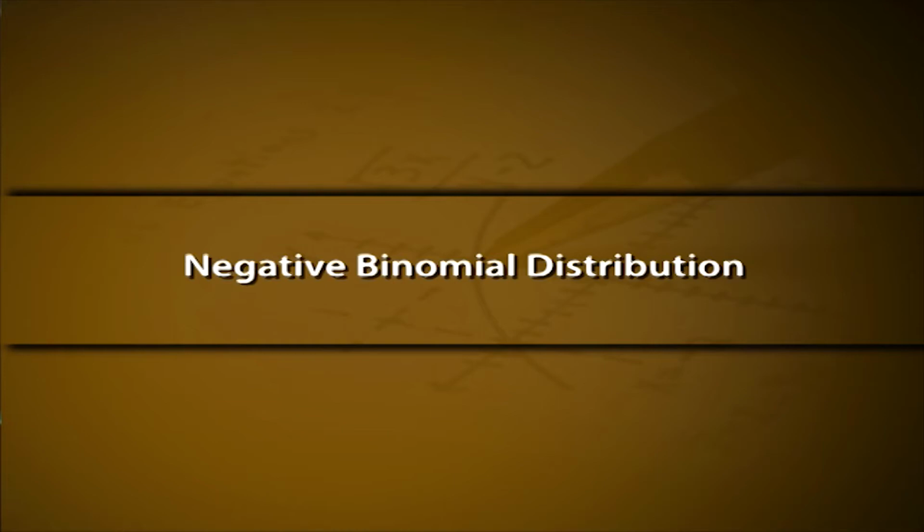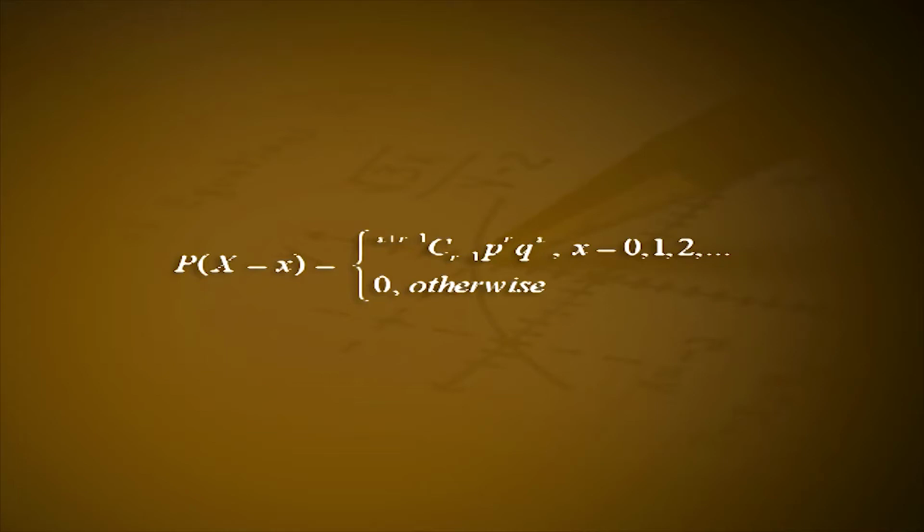Negative binomial distribution. A random variable x with the probability mass function P(X = x) = (x+r-1)C(r-1) p^r q^x for x = 0, 1, 2, etc., and f(x) = 0 otherwise, is said to follow negative binomial distribution with the parameters r and p.